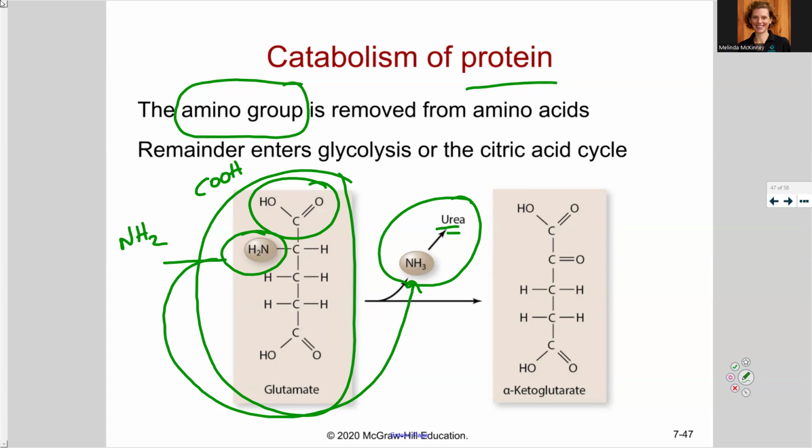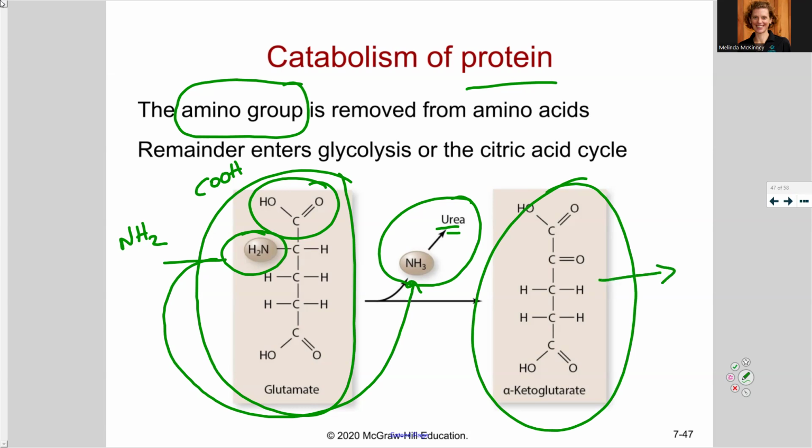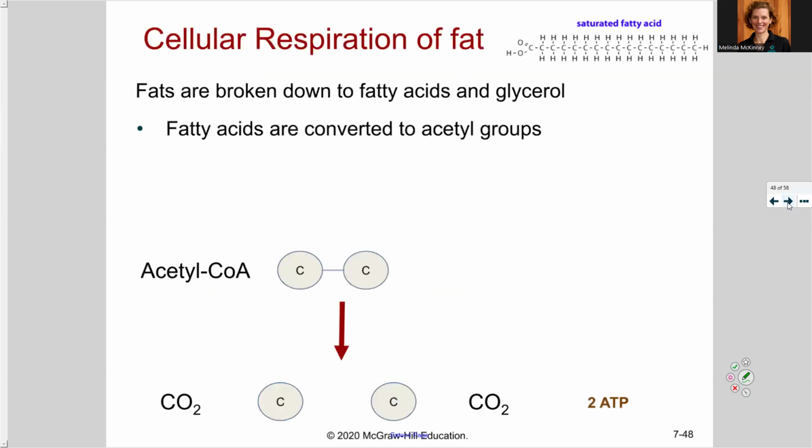So urea is the biggest waste product really in our urine. If we are not able to take that out through this process of metabolism, we get pretty sick. All right, quick. So then this is deaminated, they remove the amino, it just means now it doesn't have the amino group. Now this is going to go into the citric acid cycle, which is a stage in aerobic cellular respiration.